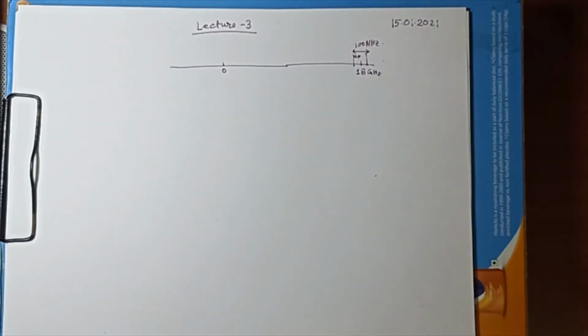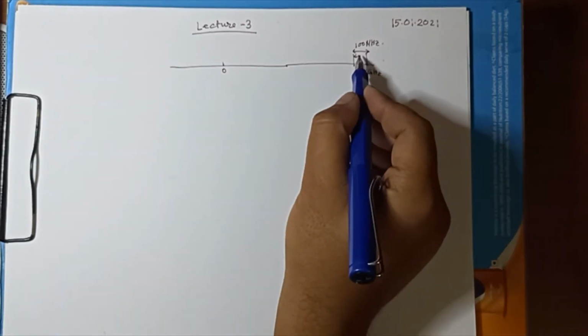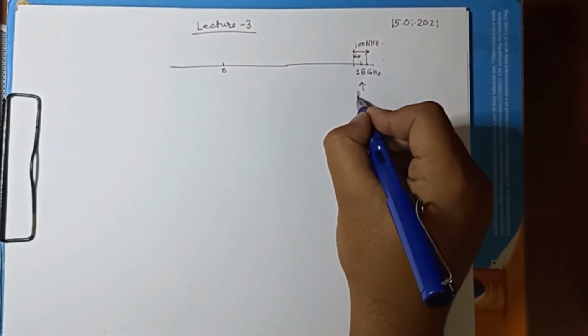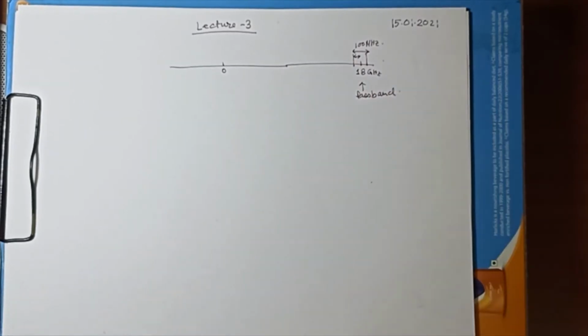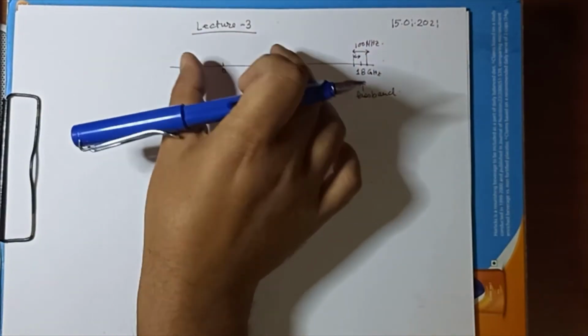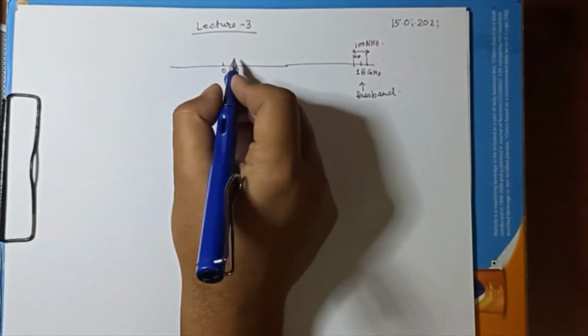So in analog communication, you have seen that this particular signal, which is called the passband signal, on the transmitter and receiver side, before going to the RF region, before the multiplier or the mixer, you basically have your signal in the baseband. Baseband means around DC.